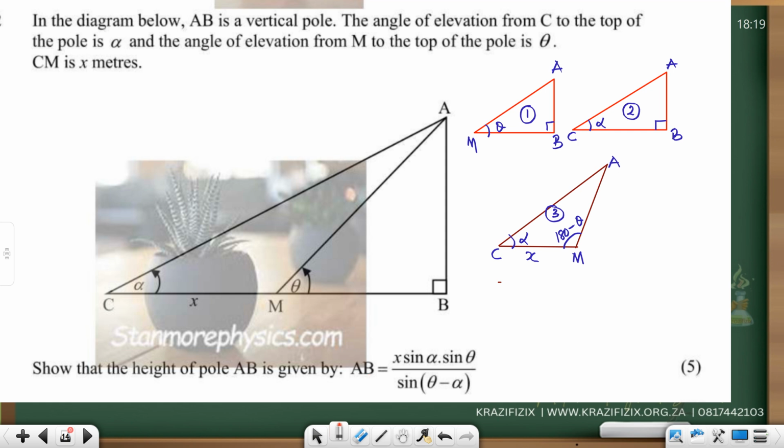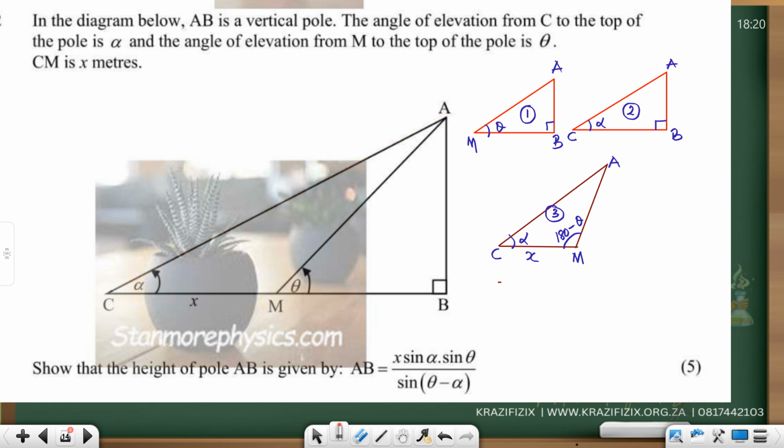If I consider triangle 1, what is AB? Okay, let's see something here. What else do we know? We need something common. I have AB because I don't know if I'm going to use that. And I don't know if I'm going to use that. So it's kind of tricky, but we'll get there.